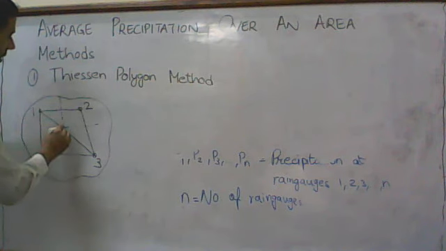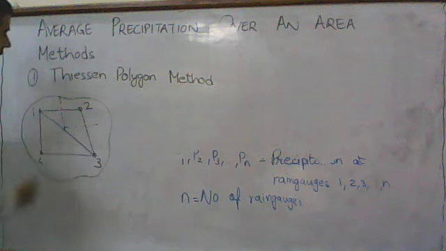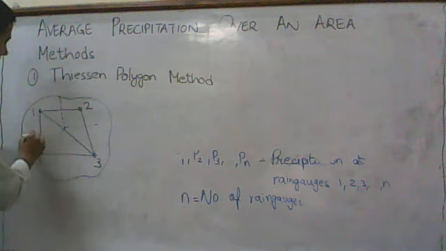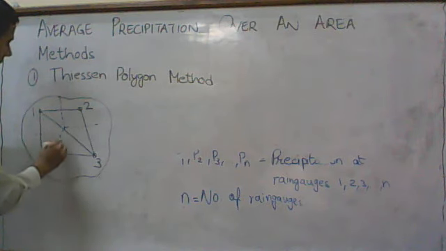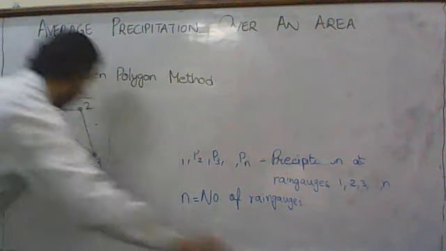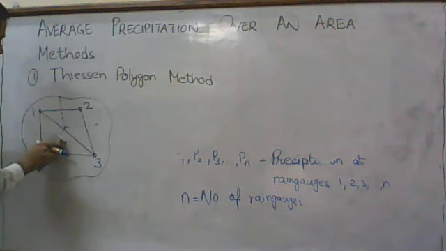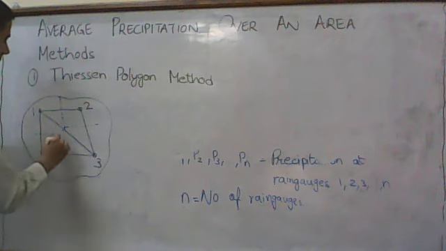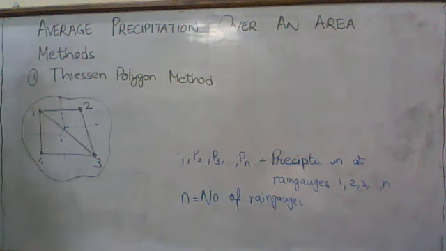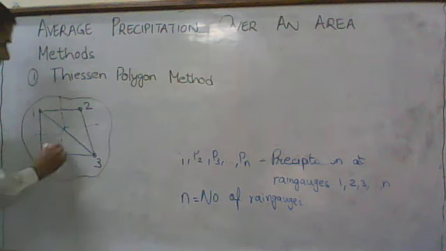And this line 1, 3 is also bisected by a perpendicular bisector. Similarly here, these lines are also divided by the perpendicular bisector.